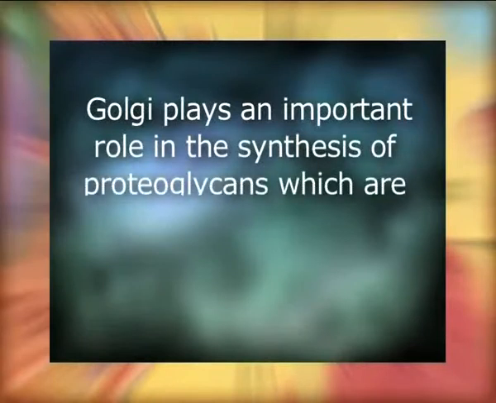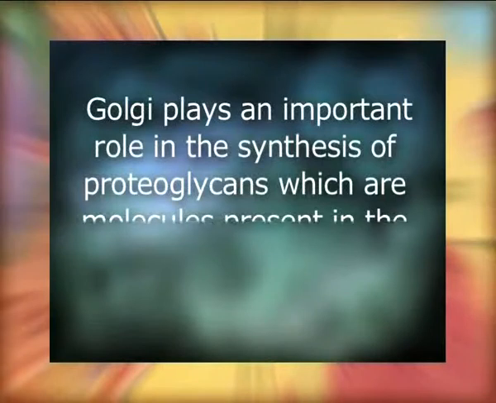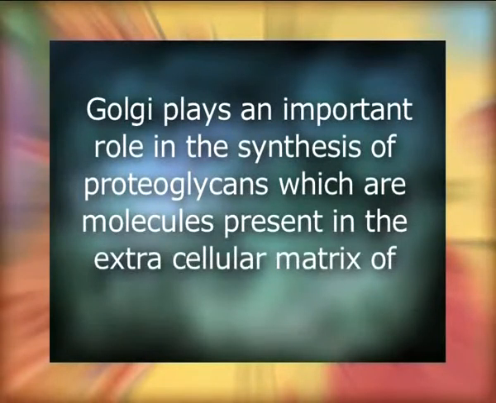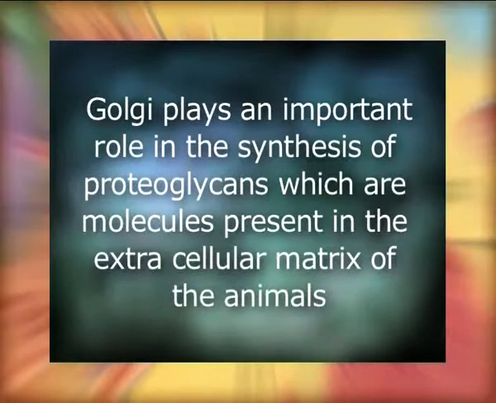The Golgi plays an important role in the synthesis of proteoglycans, which are molecules present in the extracellular matrix of animals. It is also a major site of carbohydrate synthesis.